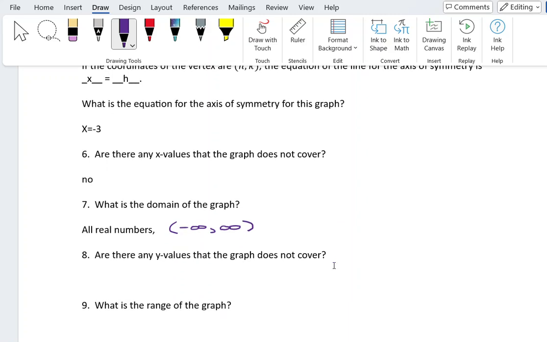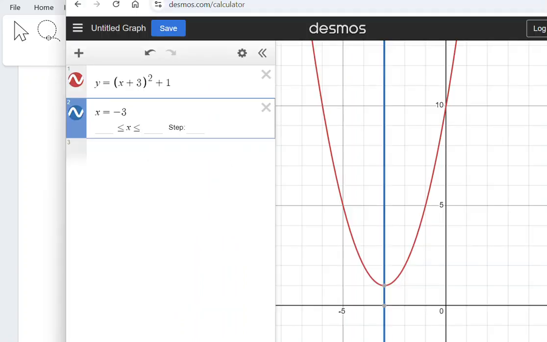Question 8 says, are there any y values that the graph does not cover? Looking at my graph again, in terms of the y-axis, the graph is covering all values down to 1. Once we get lower than 1 on the y-axis, there is nothing on the graph there.